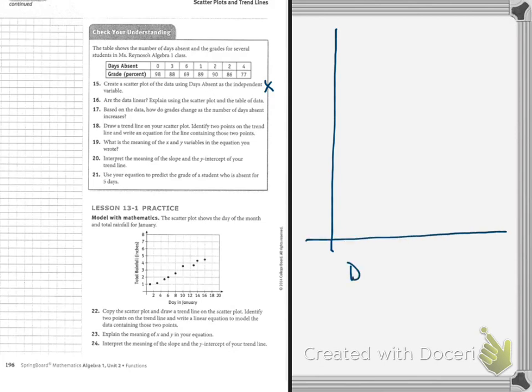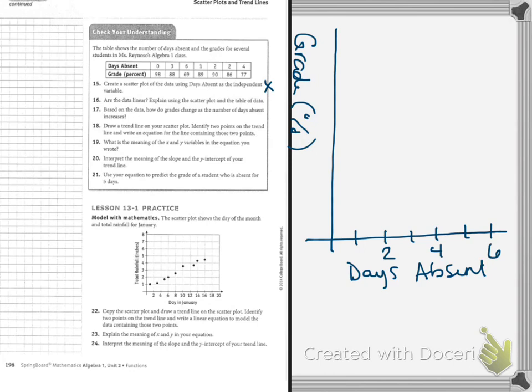So we have days absent. Make sure you label, and your grade as a percent. I'm looking at it, it goes up to 6, so maybe I just do my scale by ones. And it looks like we're going from 69 to 98, so maybe I go from 65 to 100.